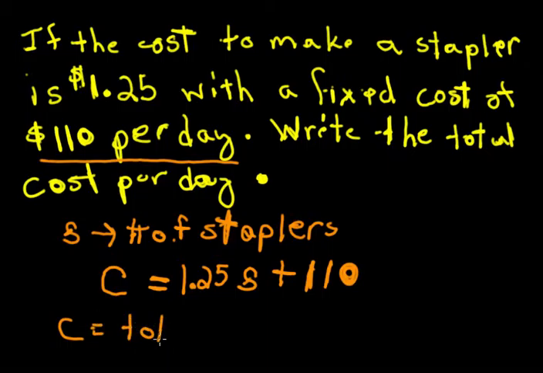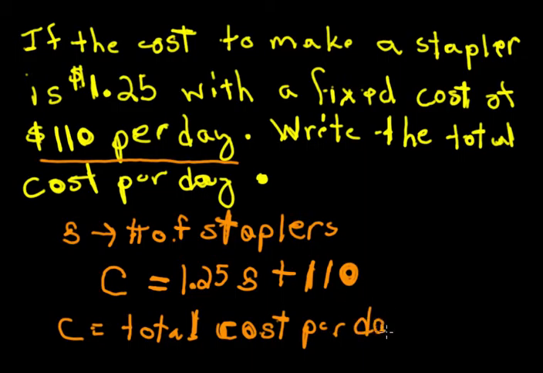total cost per day. And we've satisfied the equation. And now we have a linear equation. We have two variables and a constant.